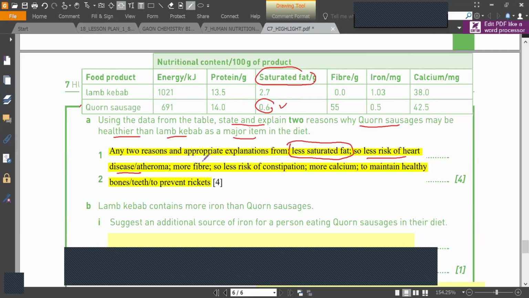Fiber: the corn sausage has more fiber, so less risk of constipation. Next, calcium. The corn sausage has more calcium, 42.5 versus 38.0, so it can help maintain healthy bones and teeth and prevent rickets. This is how we can analyze this data.